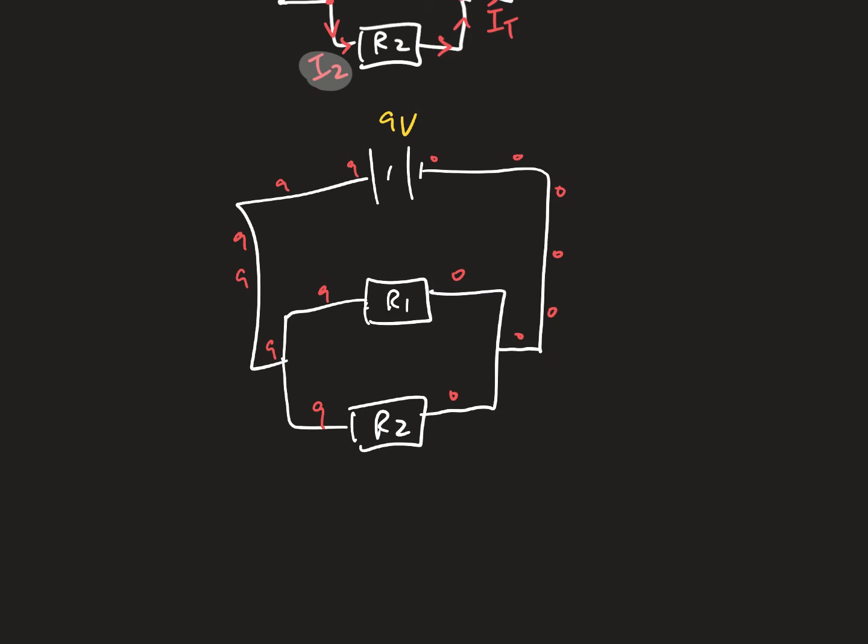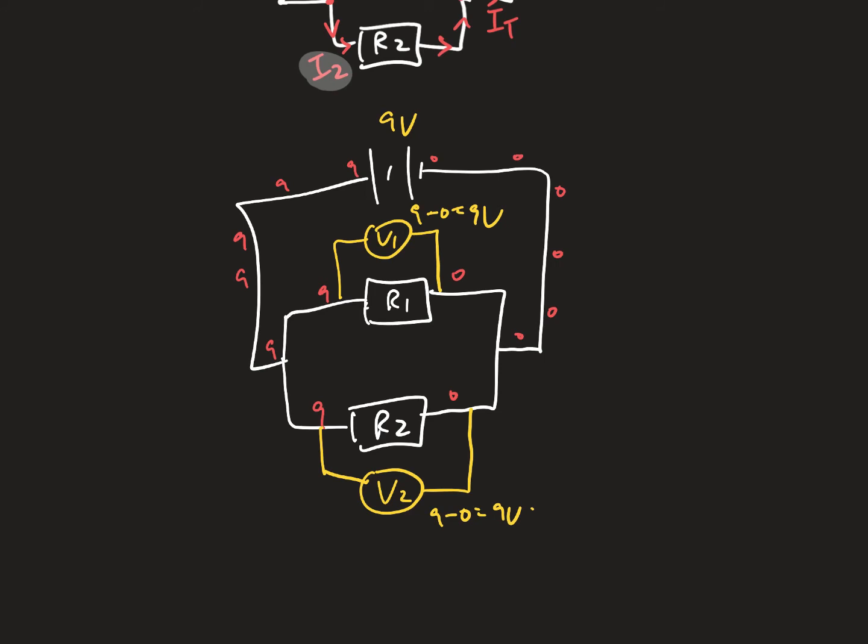What do you see? The potential difference V1, which is across R1, and the potential difference V2 across R2 are both 9. This gives me 9 minus 0 equals 9 volts, and this also gives me 9 minus 0 equals 9 volts.